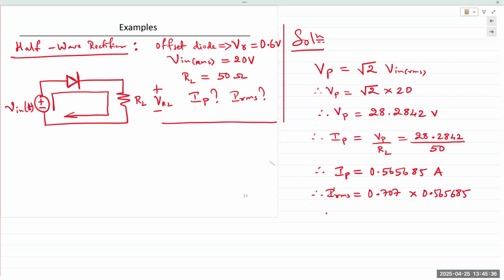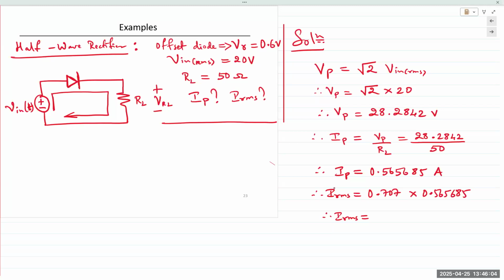How much is this? Which one? Load isn't on? So the question being asked is, would the RMS value be divided by 2?